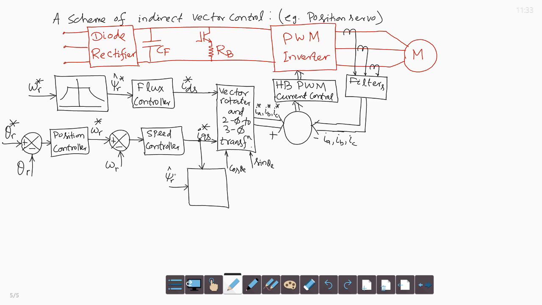We have a transfer function Rr Lm by Lr into psi r hat. This is multiplied with Iqs and generates the command slip speed omega sl star.